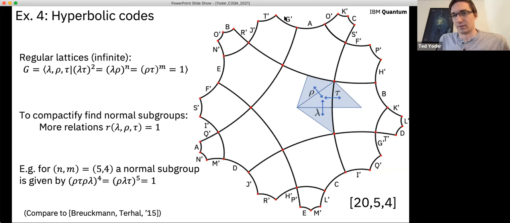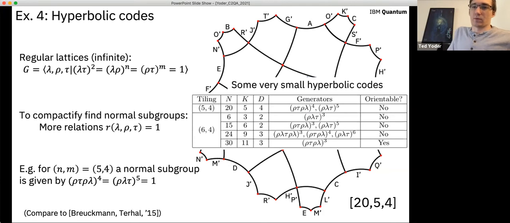And if there's a prime, that means the edges are identified non-orientably. Right, so this is a non-orientable surface. And so we can go through this finding of normal subgroups and come up with some very small hyperbolic codes. So for instance, the one shown in the picture here was 25-4. It uses 20 qubits and got 5 qubits with distance 4.